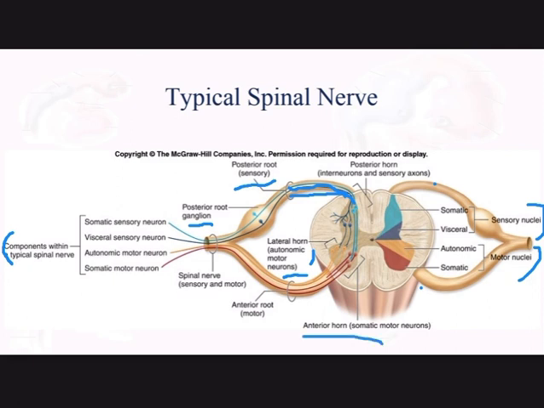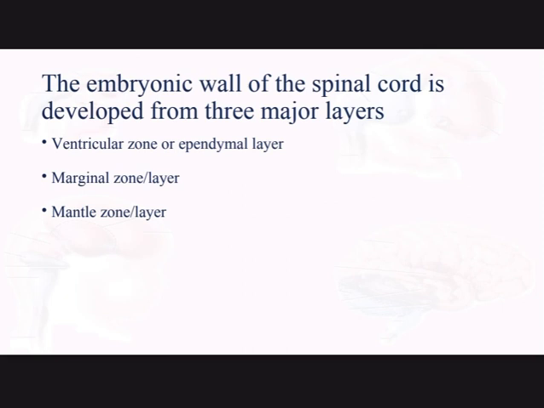This is the anterior horn, and this is the posterior. Usually posteriorly we look at sensory, anteriorly we look at motor neurons. Very briefly, because we're going to talk about them later on. But then the mantle wall of the spinal cord develops into three layers. We have three layers.